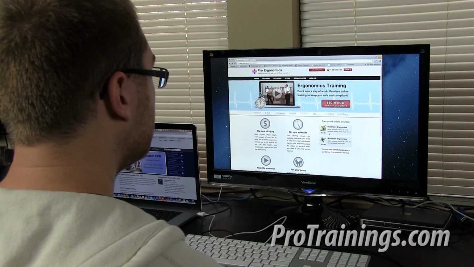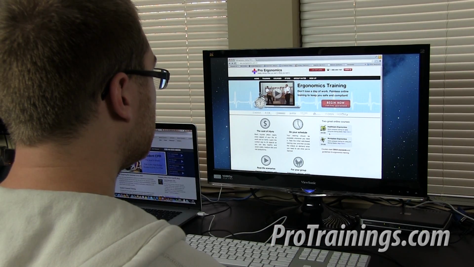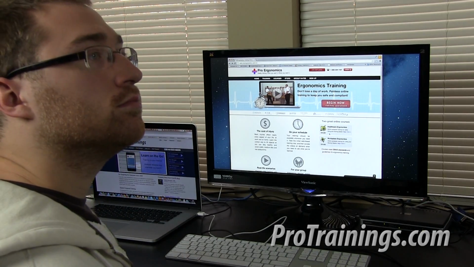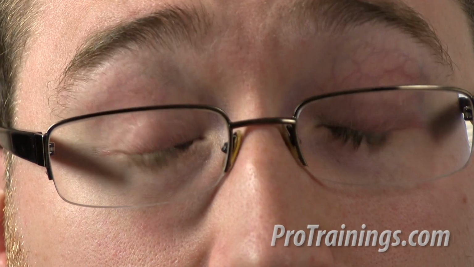Now let's talk about potential hazards in viewing the monitor for too long a period of time. It causes eye fatigue and dryness, and that probably goes without saying. Anybody who's watched a movie or has worked on a project on a screen for any given amount of time knows exactly what I'm talking about. We oftentimes blink less while we're viewing a monitor.